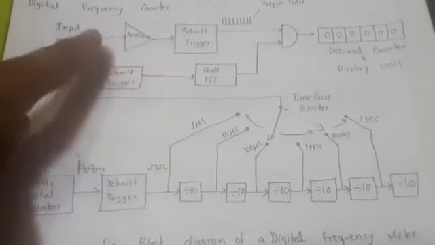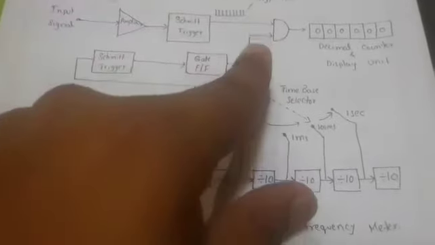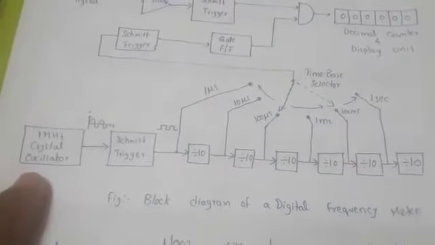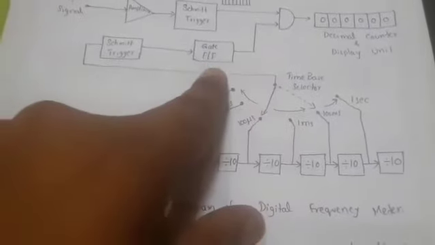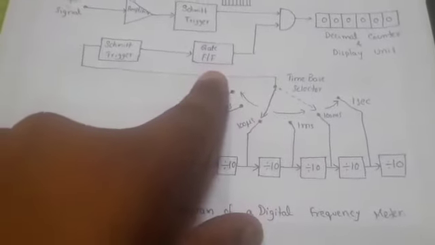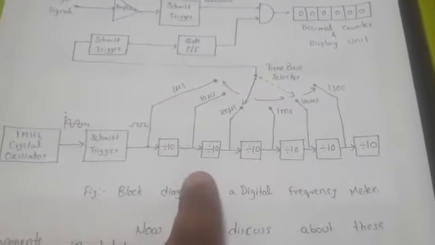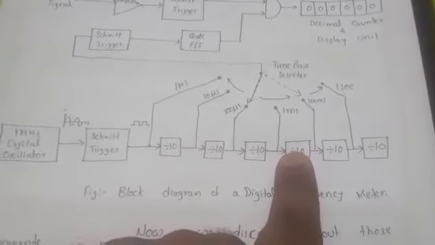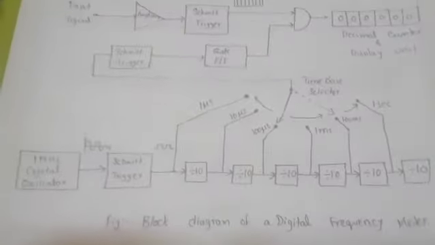First one amplifier, second one Schmitt trigger, then AND gate, fourth one a counter, fifth one crystal oscillator, sixth one time base selector, seventh one a flip flop gate, that is the gate flip flop, and all these are the frequency divider circuits, and these frequency divider circuits have decade counters. Now we discuss all the components in detail.